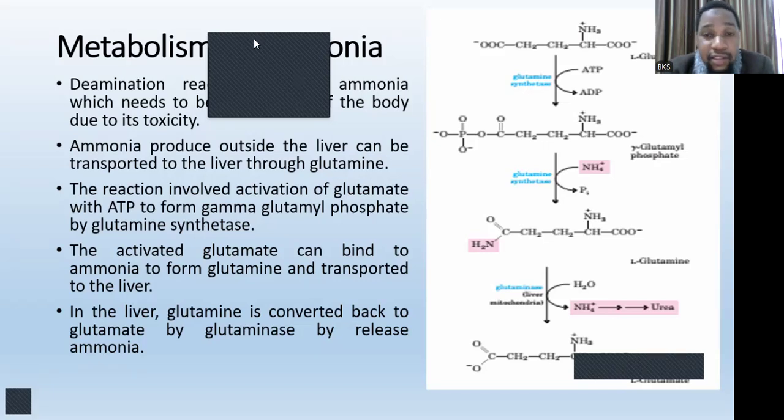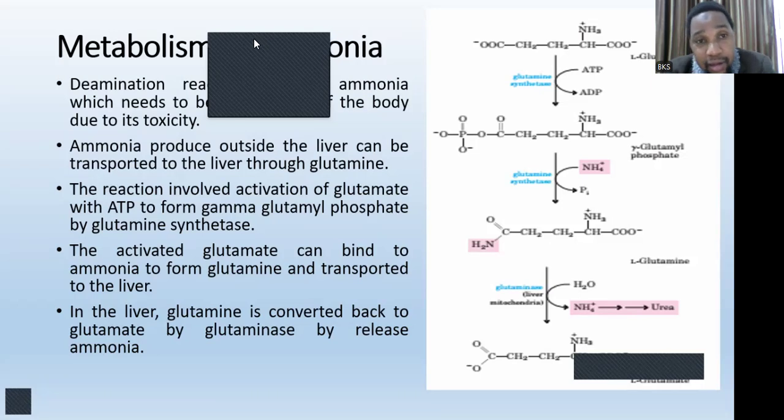So this same enzyme, glutamine synthetase, will now catalyze the reaction between the ammonium and this activated gamma-glutamyl phosphate to form L-glutamine. Once L-glutamine is formed in all the tissues with the exception of muscle tissue, the glutamine can be transported down to the liver.